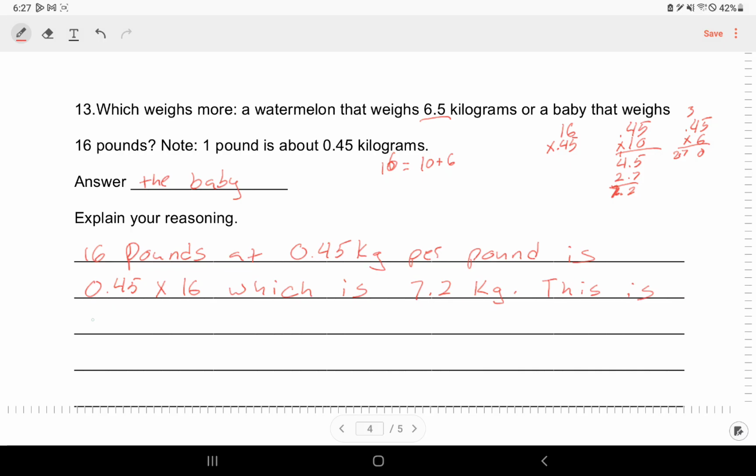This is more than 6.5 kg, the weight of the watermelon.